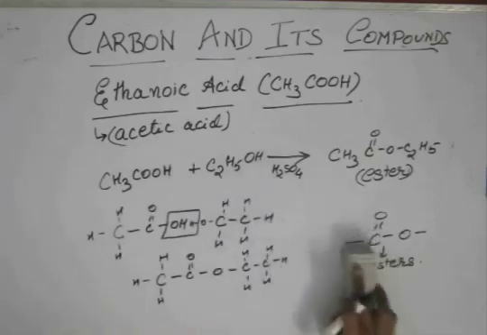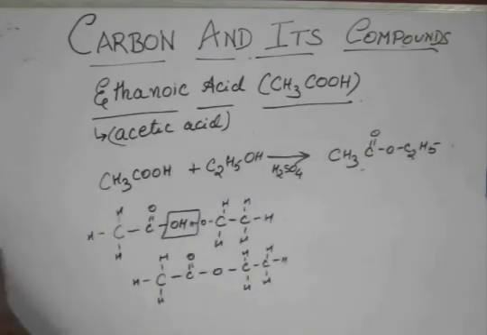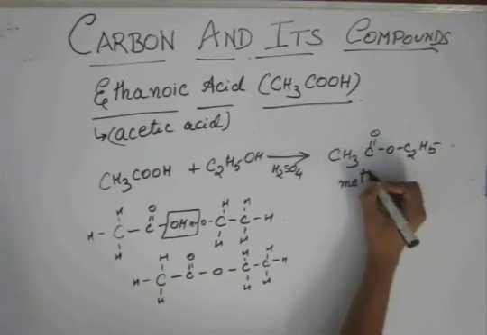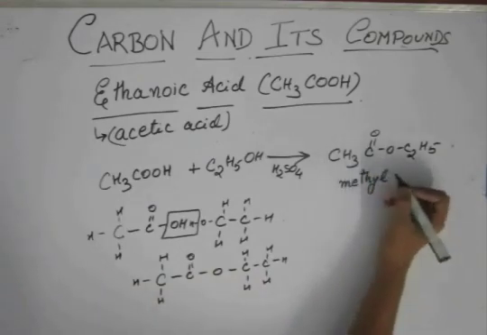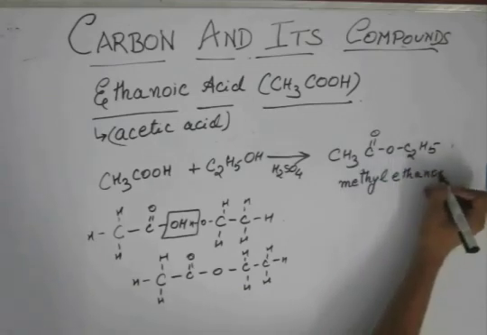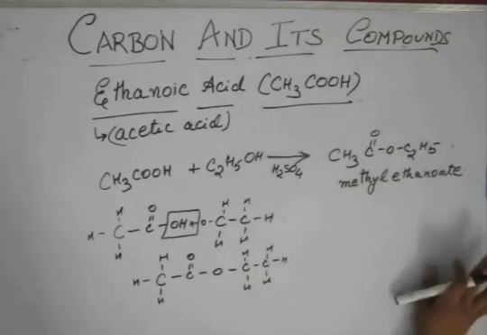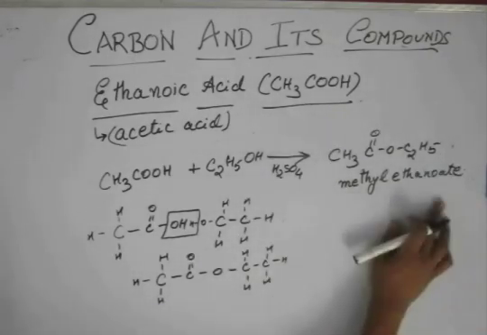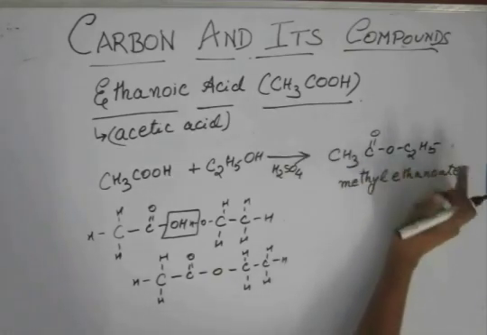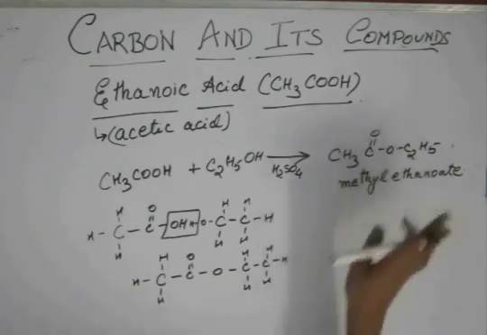And the name of this ester is methyl ethanoate. Now, we will not go into the naming of the esters. It's just methyl ethanoate, because there is one methyl group, there is one ethyl group, and the suffix for ester is -oate, so it's methyl ethanoate.